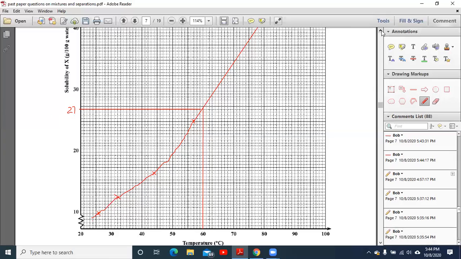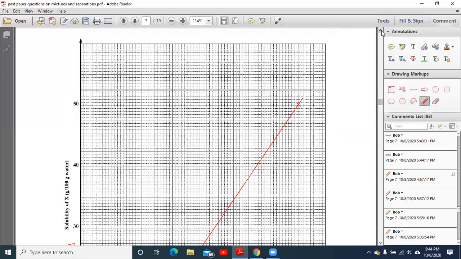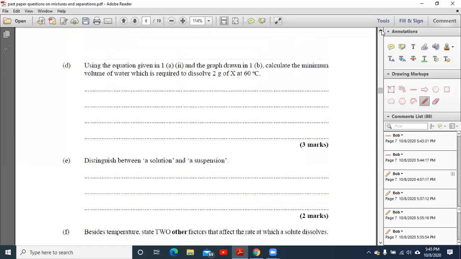Now we can go back and rearrange our equation.